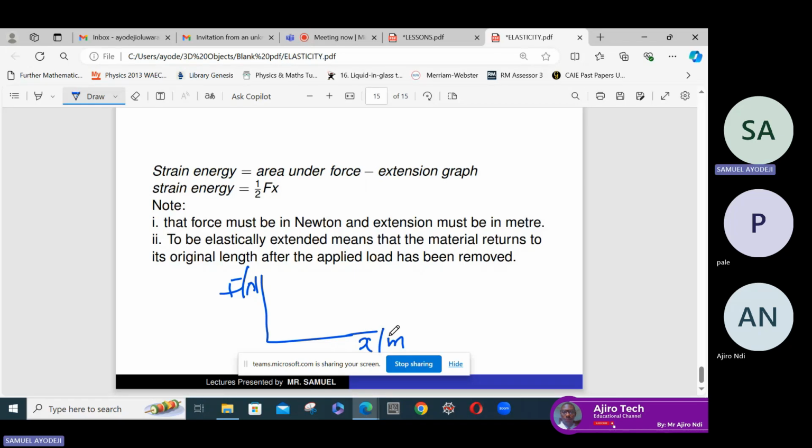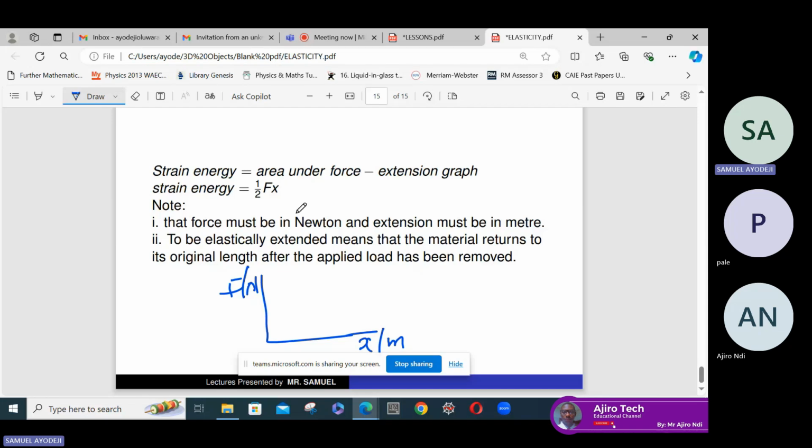Another thing: what does it mean to be elastically extended? It means that it has not gone beyond elasticity, that is, the material returns to its original length after the applied force is removed.